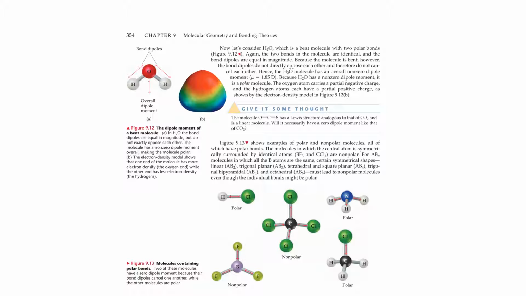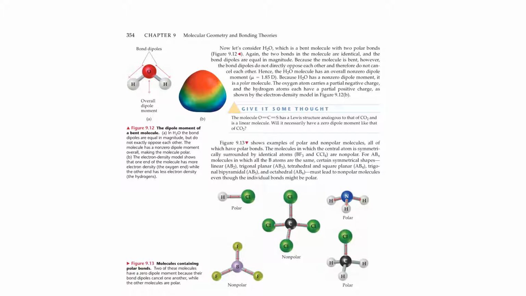Its dipole moment is 1.85 debyes. Because water has a non-zero dipole moment, it's called a polar molecule. The oxygen atom carries a partial negative charge, and the hydrogen atoms have a partial positive charge, as shown in the electron density model in Figure 9.12.